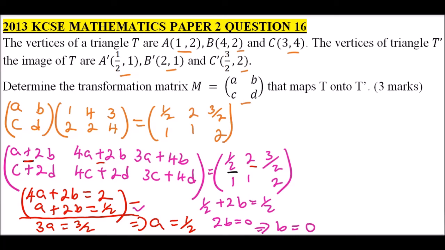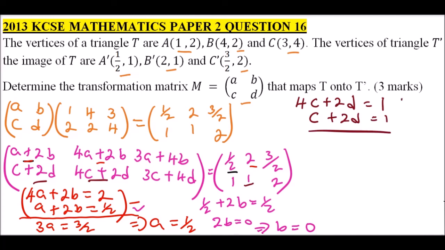From there, we now go to the other part. We use this and that to get our C and D. So you have 4C plus 2D is equal to 1, and we have C plus 2D is equal to 1.